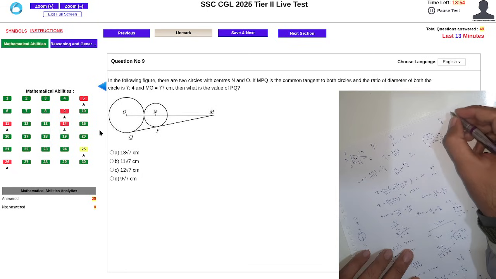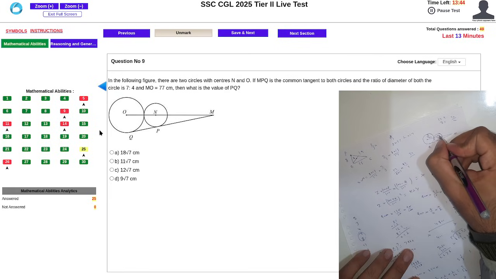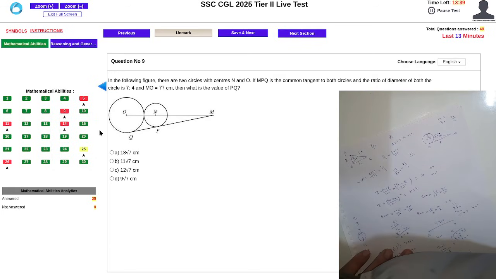So the diameter 10x, 7x upon 4x. So 7x, 4x. M was 77. M was 77 PQ.